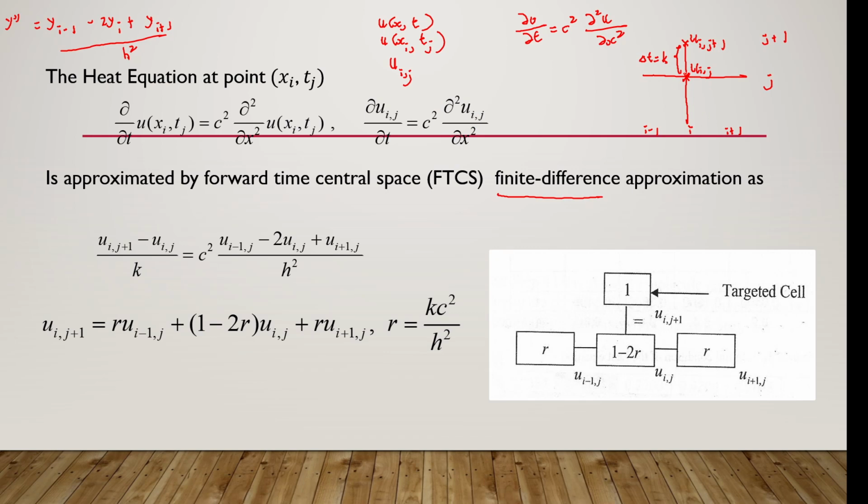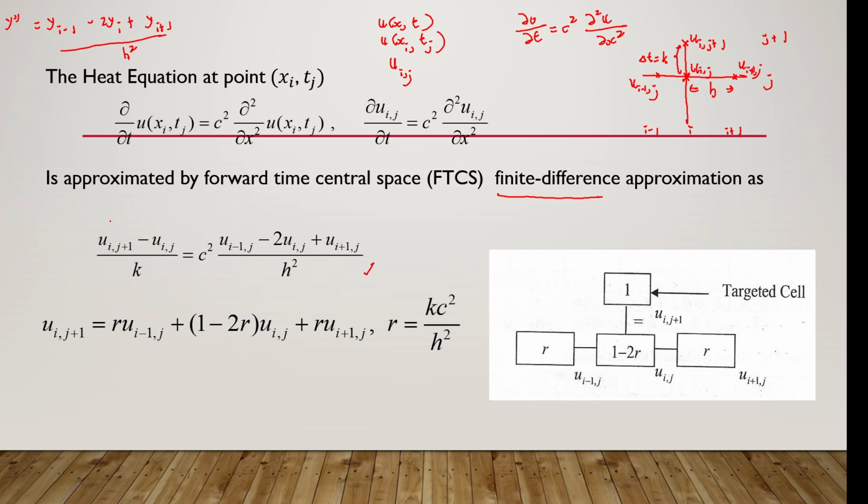So you have the center point, standing at u_ij. The point ahead is u_{i+1,j}. The left point, because you're standing at the same level j, is u_{i-1,j}. And then you tally back with y double prime. The increment of x is h. So you have the left point u_{i-1,j} − 2u_ij + u_{i+1,j}, divided by h².